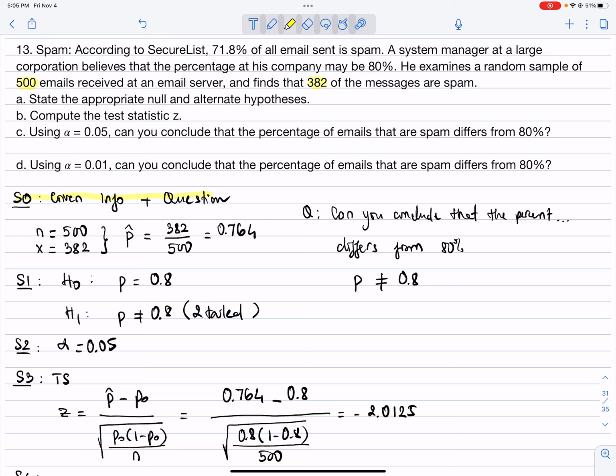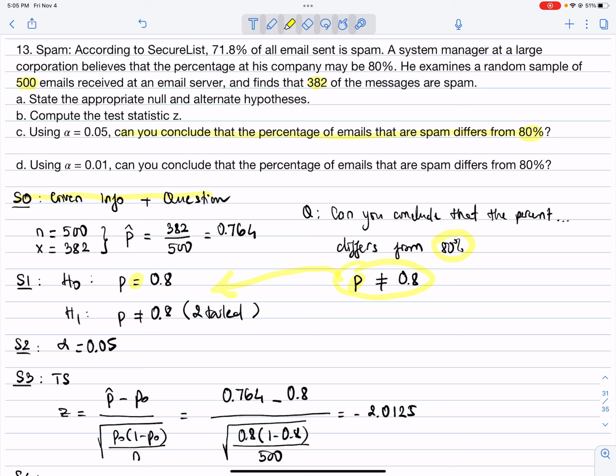Now in the question, can we conclude that the percent of spam differs from 80%? Differs means p is not 0.8. When we're talking about the claim, this is the population proportion that we should use, which is p. Then this goes to the null and alternative hypothesis. Under the null, we always assume an equal sign.